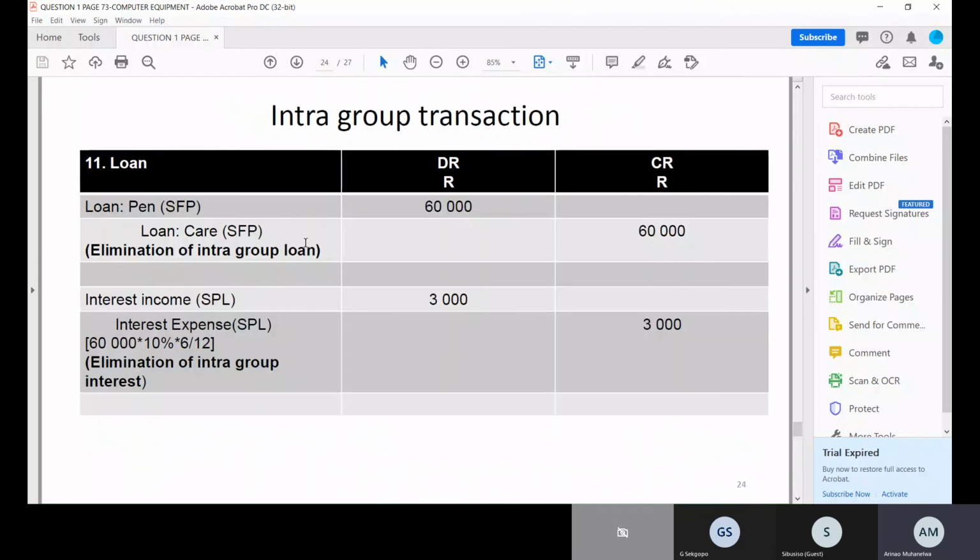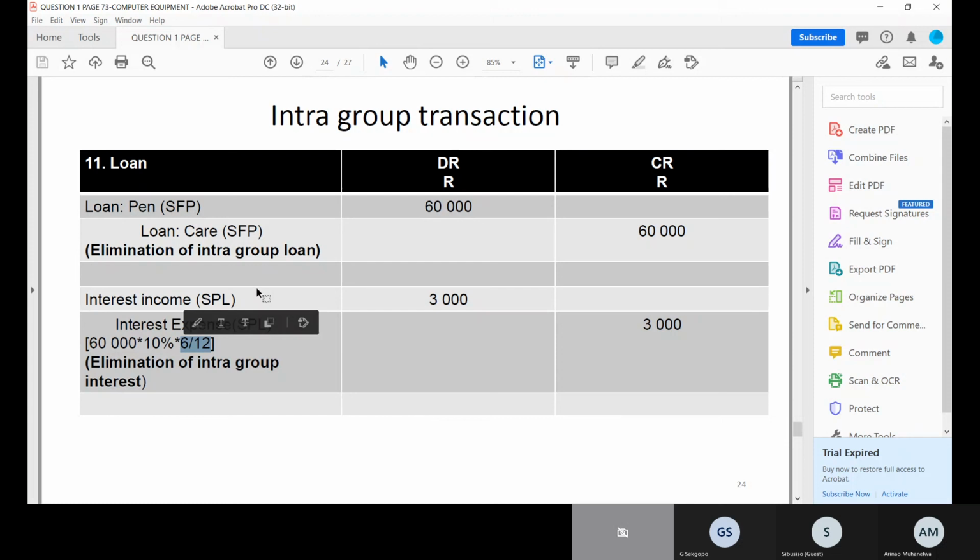The last part, let's look at the loan now. The loan value is indicated as 60,000 between the two. It needs to be reversed or eliminated. And then the interest part of that: one company will be receiving interest income and the other will be charging interest expense. So the 3,000 needs to be eliminated. How do we calculate it? 60,000 at 10%, that will give us 6,000, because it was entered half yearly, then multiplied by 6, divided by 12.